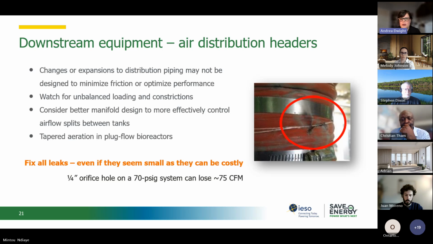So the picture here is a small temporary tubing outside of a blower, which isn't very large, but even a 1/4 inch orifice hole through a flange leak can lose 75 CFM. And that doesn't seem like much when you're running 7,500 CFM, but 1% over a year is still a fairly hefty energy cost. And it's better to fix them when you see them.